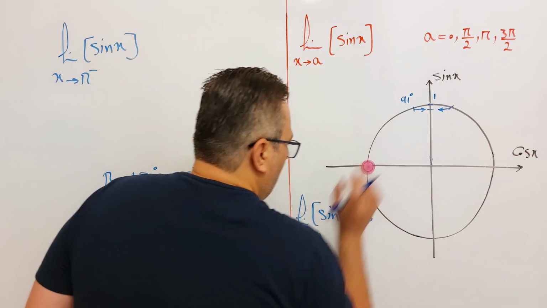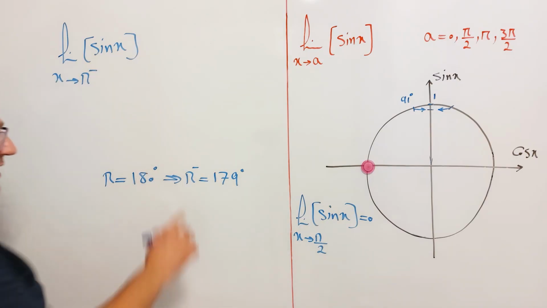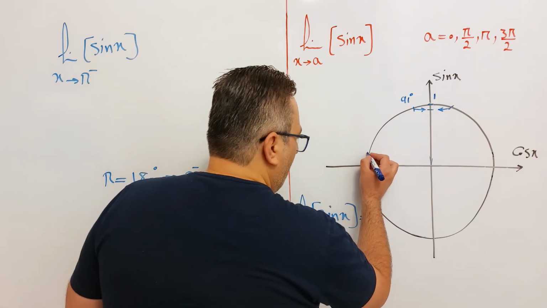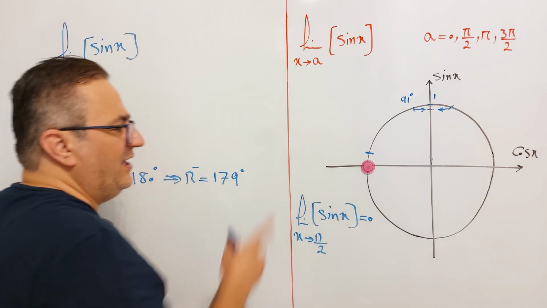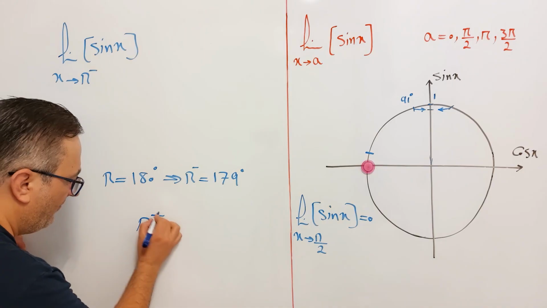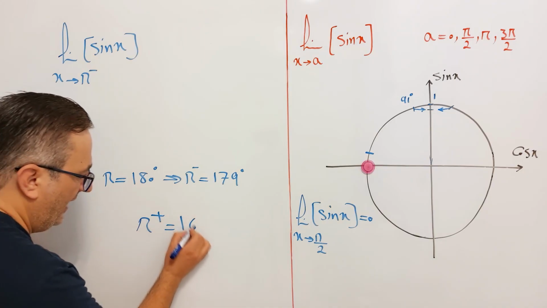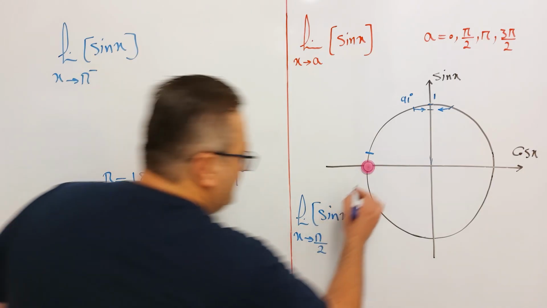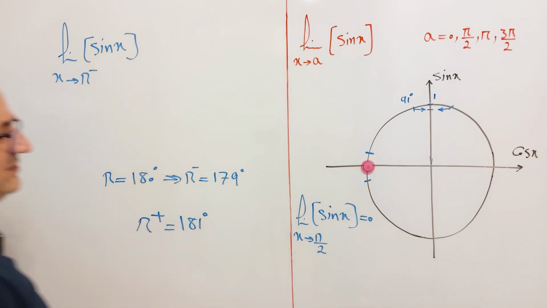So 180 degrees is here, and pi from the left is located in the second quadrant, and pi from the right, for example 181 degrees, is in the third quadrant.